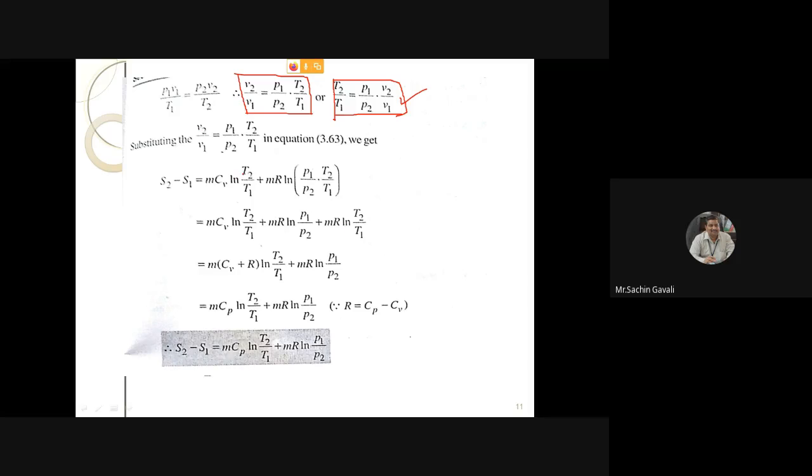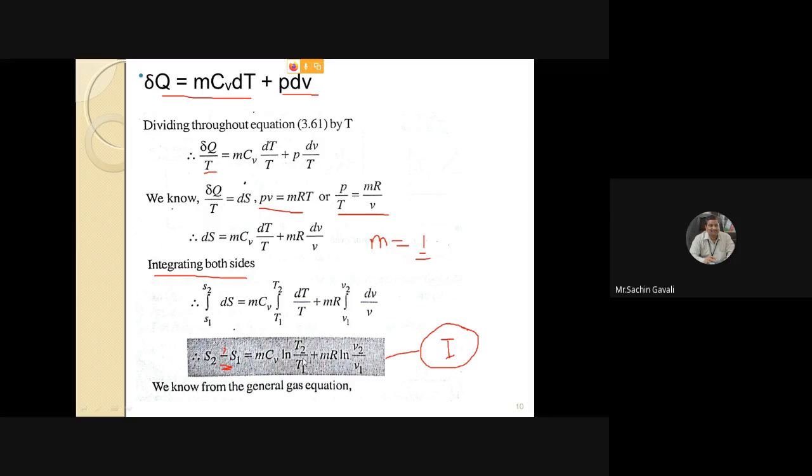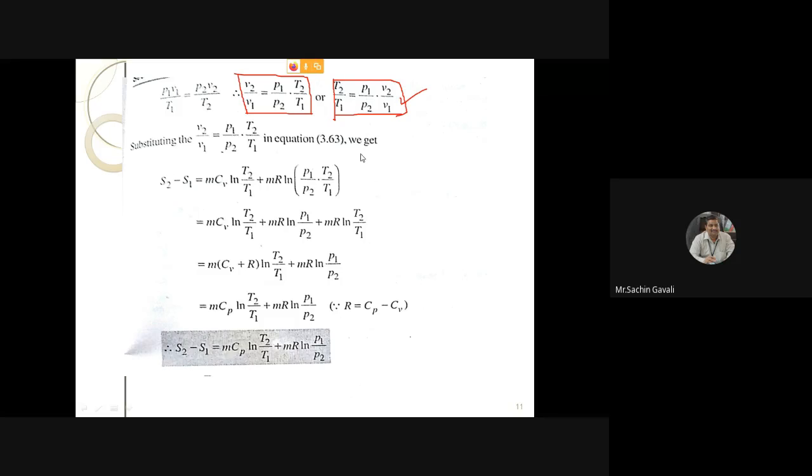So substituting V2 by V1 in the equation. This equation in the book is 6.3.63, but in our case it is equation 1. So putting it in equation 1, what we are getting now is S2 minus S1 is equal to mCv ln of T2 upon T1 plus mR, instead of V2 upon V1 we write P1 upon P2 into T2 upon T1.